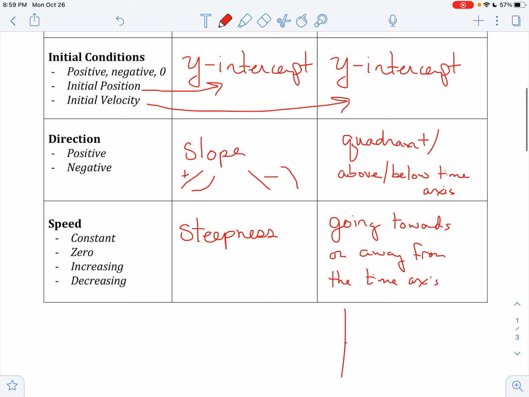Now if we were to sketch a graph here, remember with the velocity versus time graph, write in numbers or write in 0, positive, and negative. Any line that's going towards the time axis is heading to a velocity of 0 meters per second, so it must be slowing down. Any line that's going away from the time axis is heading away from 0 meters per second, so it must be increasing its speed.